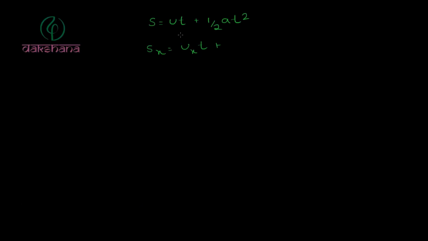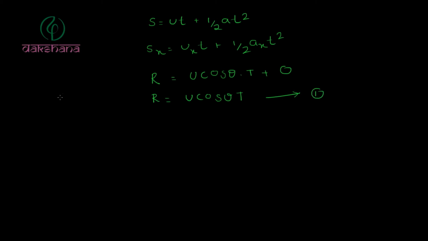In x direction it will be sx is equal to uxt plus half ax t square. We know sx is r and ux is u cos theta, and t is time of flight, and ax is 0, so this term will be 0. So what we get is r is equal to u cos theta into t. Let's make it as equation 1.